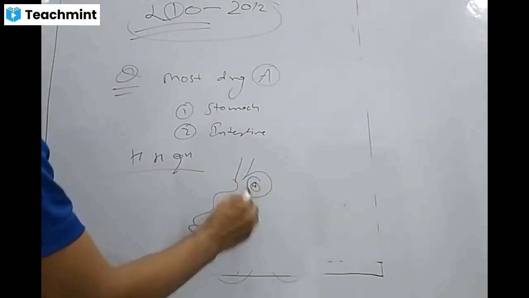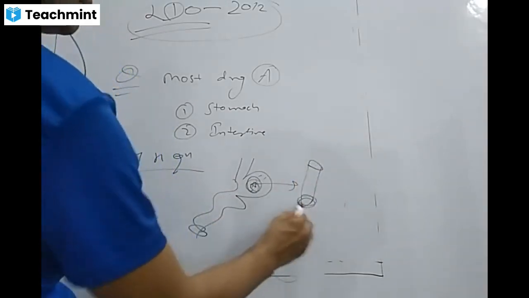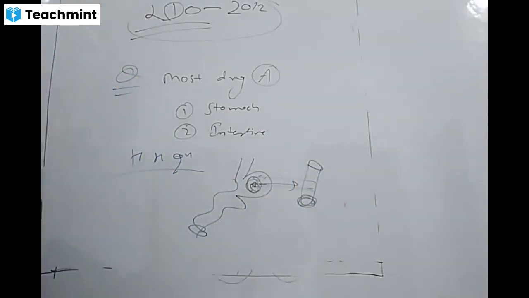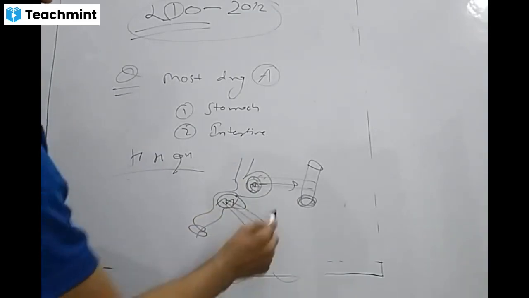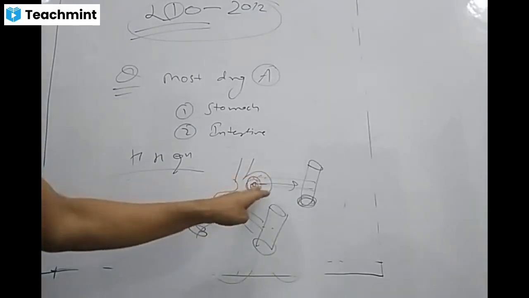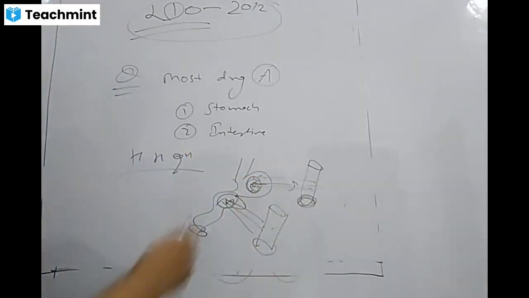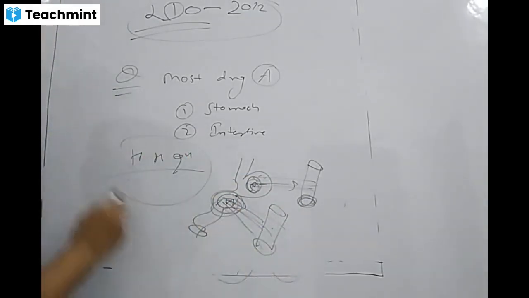Suppose the drug is acidic and the media is acidic, so the whole drug should be absorbed from the stomach. If my drug is morphine, it should be absorbed from the intestine, because same media, same drug, it will easily cross. This is according to the Henderson equation. But practically, in real life, this is not true.